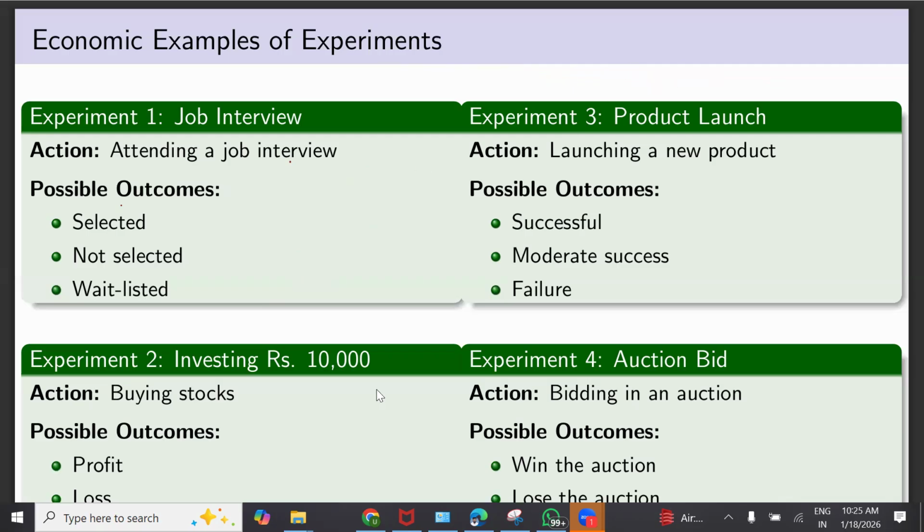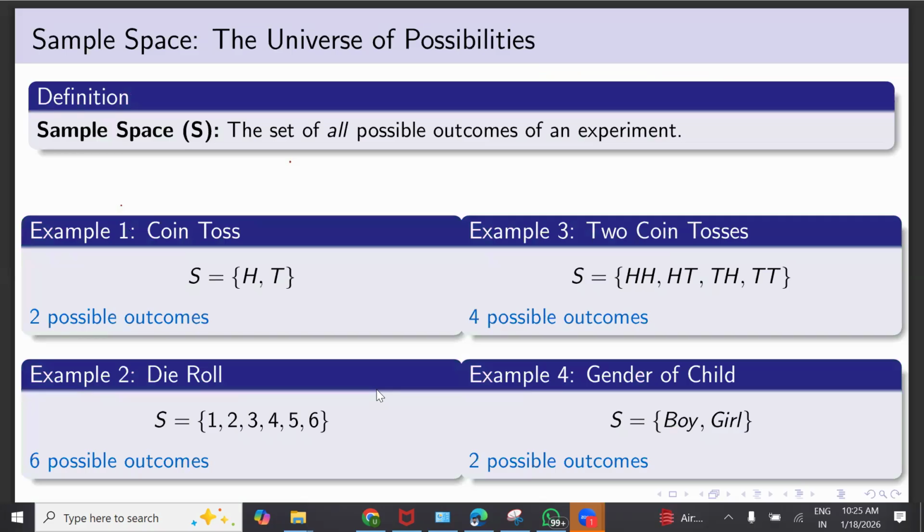Now let's move on to the next. Once you can list out the possible outcomes, it is time for defining what is sample space. First of all, we write sample space as S. What is it?